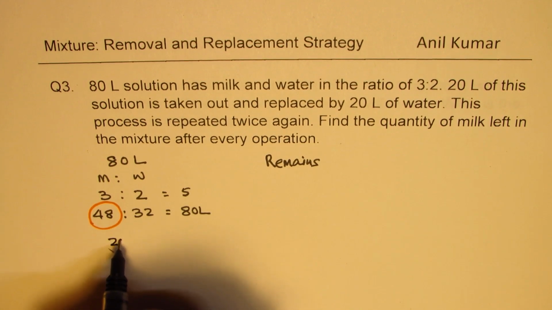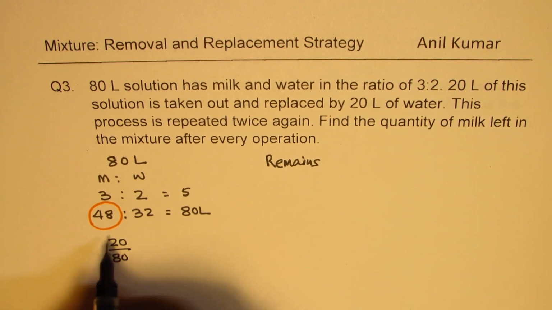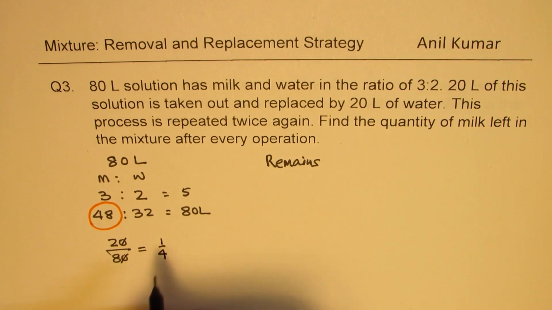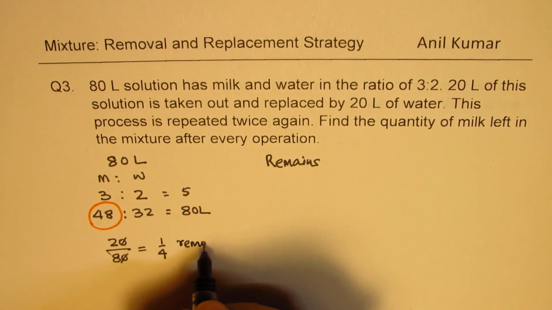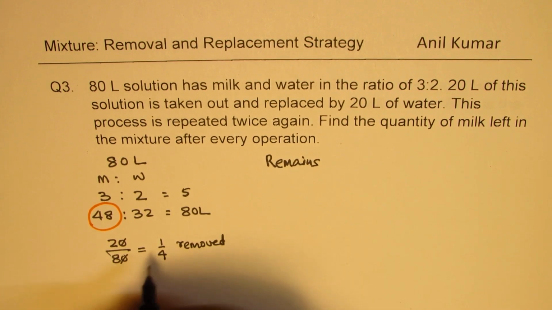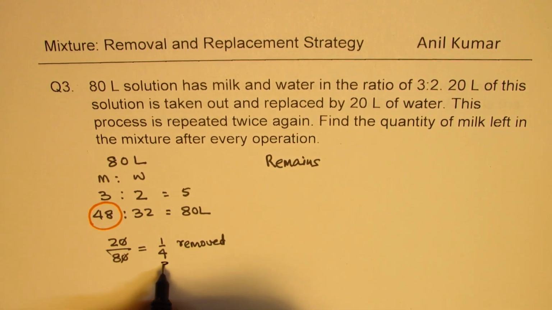So 20 out of 80 we can simplify, that means 1/4. So 1/4 removed. Is it clear? When 1/4 is removed, what remains? 3/4 remains.